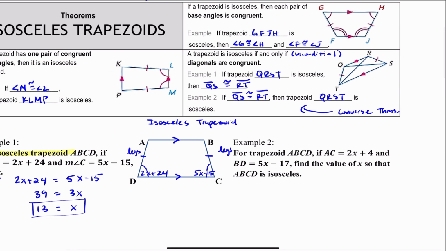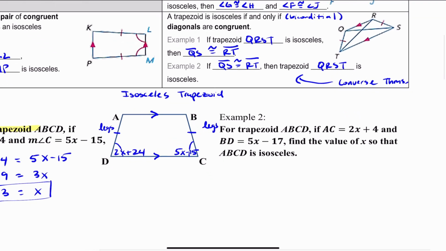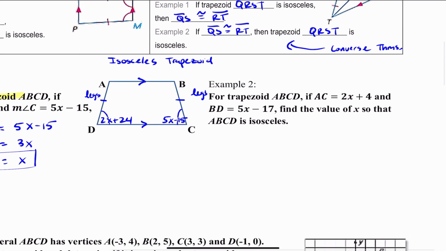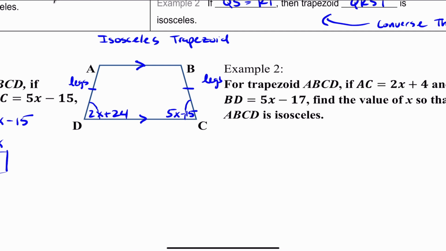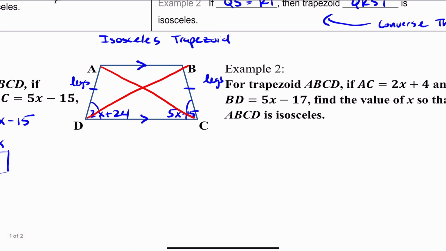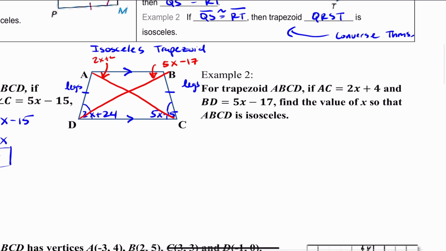So this is basically utilizing this: a trapezoid is isosceles if and only if the diagonals are congruent. Okay? So we can go ahead and say that the diagonals here are congruent. So BD is 5x minus 17, and AC is 2x plus 4.